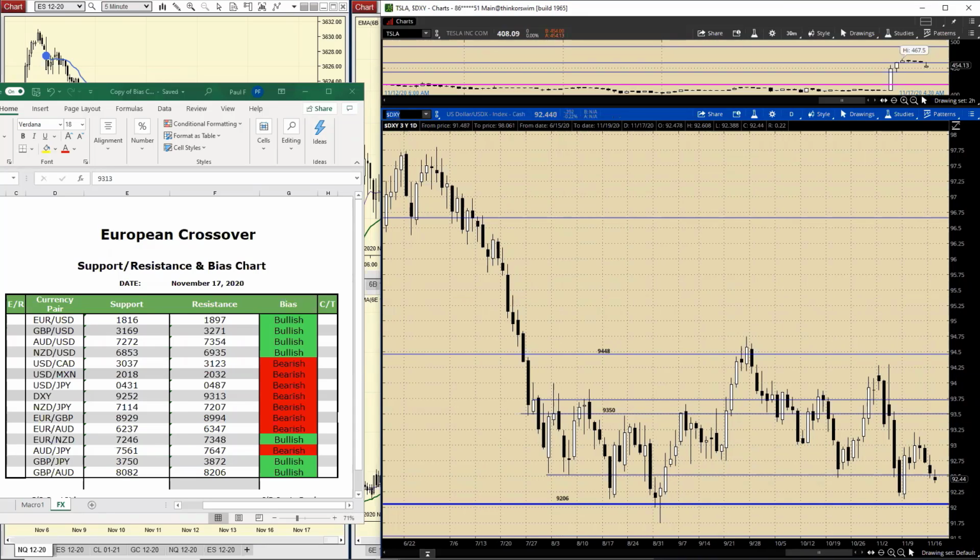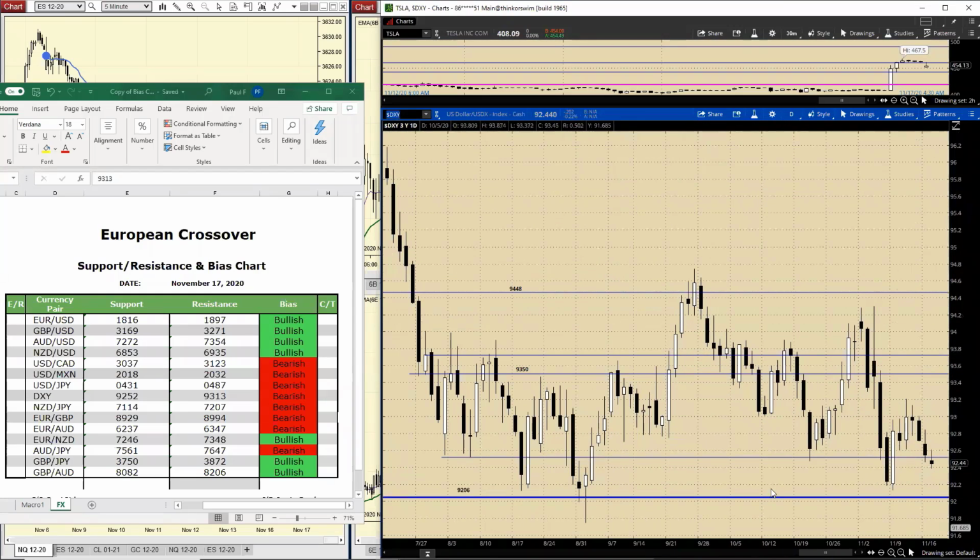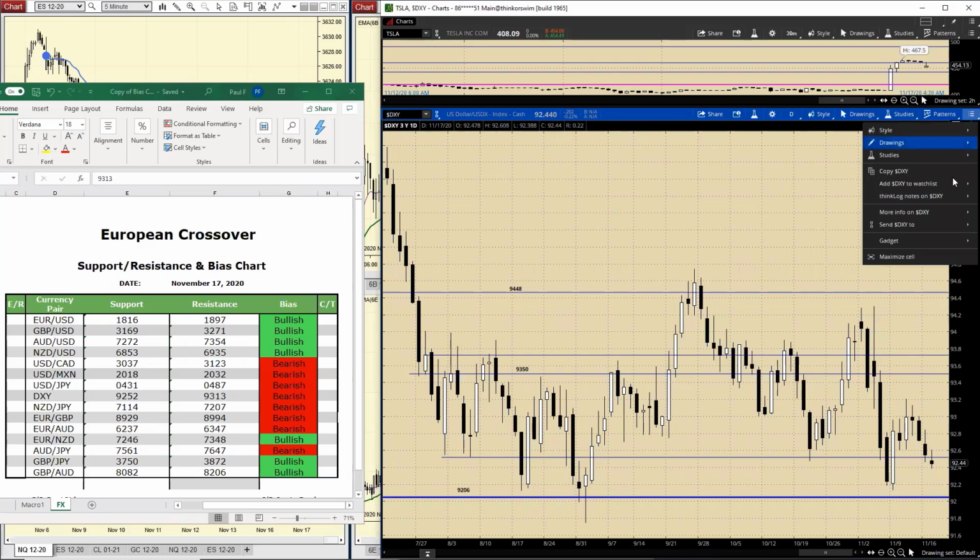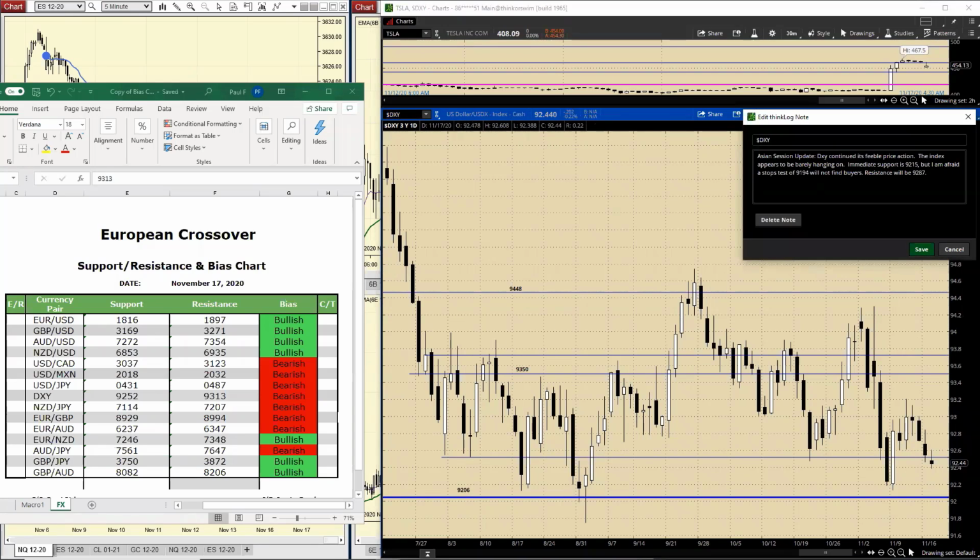And you can see this thing just looks absolutely abysmal. So the dollar index continued its feeble price action on Monday. The index appears to be barely hanging on. Immediate support is 92.15, but I'm afraid a stops test of 91.94 will not find buyers.